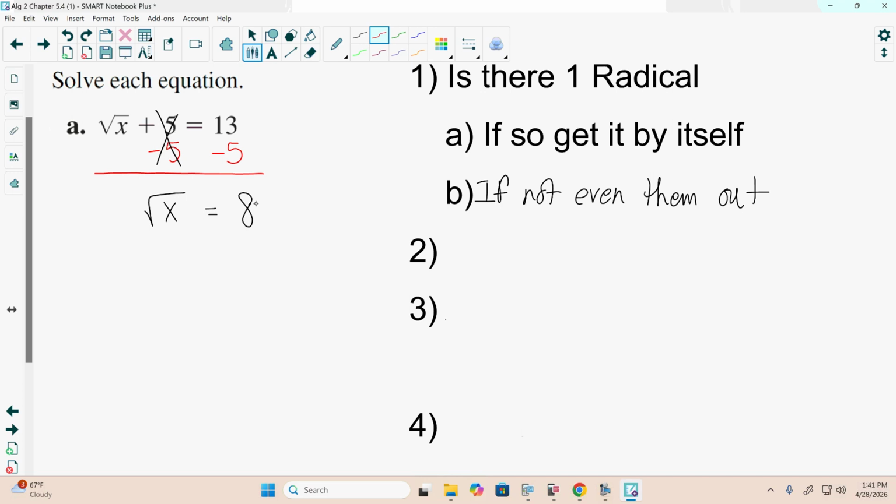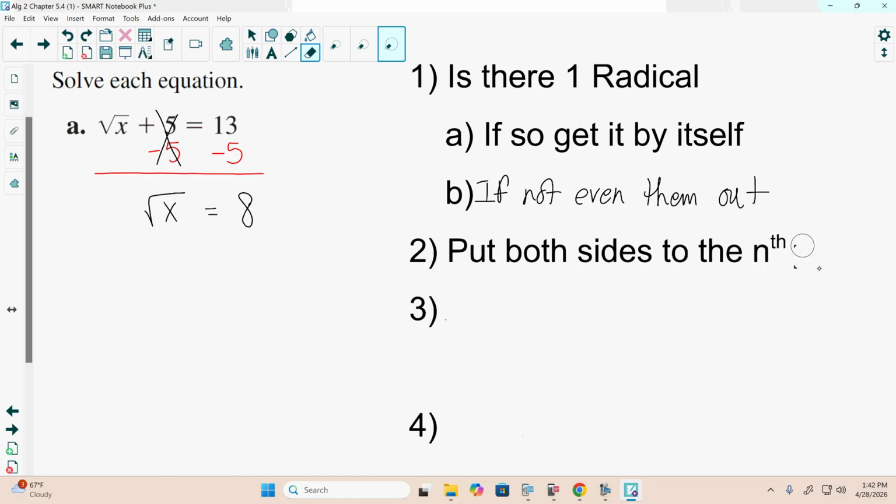Questions on this so far? Is the radical by itself? Yeah, and at this point, we don't care so much what's inside the radical. We just want the radical by itself. Once we get it by itself, put both sides to the nth power, because the goal at this point is to get that square root to go away.